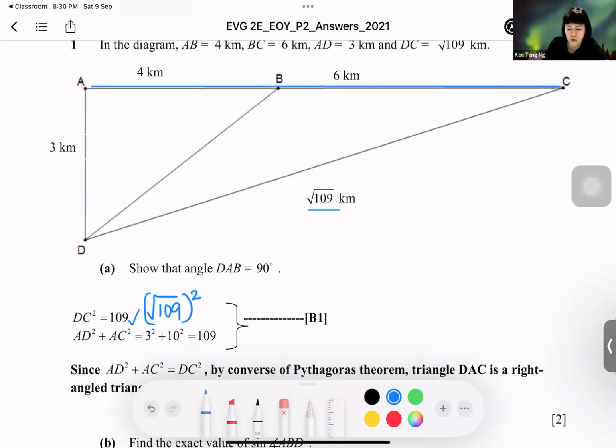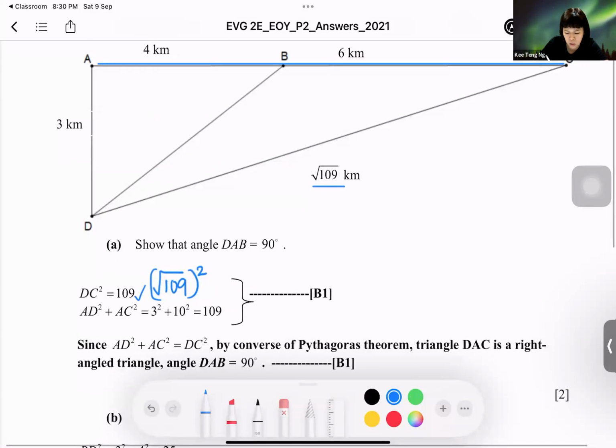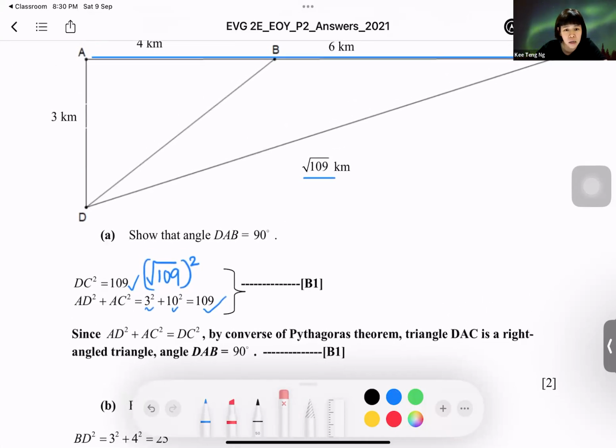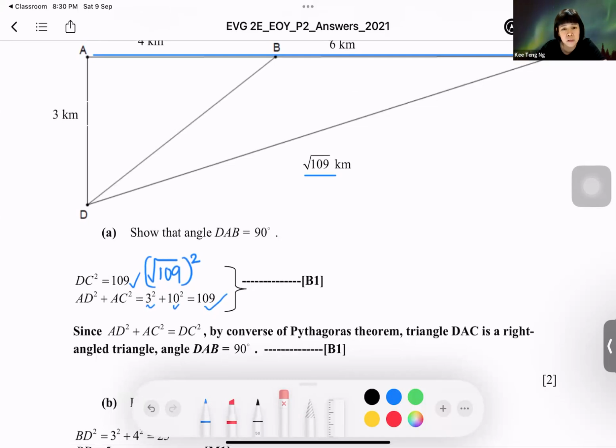AC, the whole length, is 4 plus 6, which gives you 10 over here. Then adding together is also 109. So hence, since DC squared equals AD squared plus AC squared, by the converse of Pythagoras' theorem, triangle DAC is a right-angled triangle, and therefore angle DAB is 90 degrees.